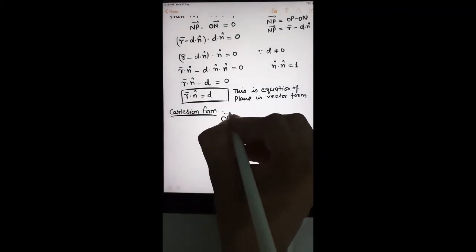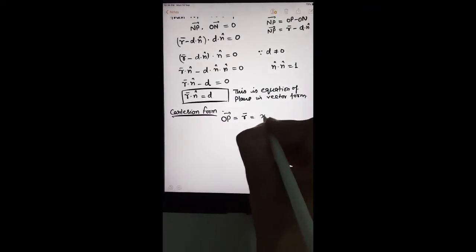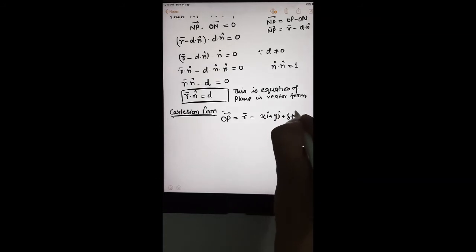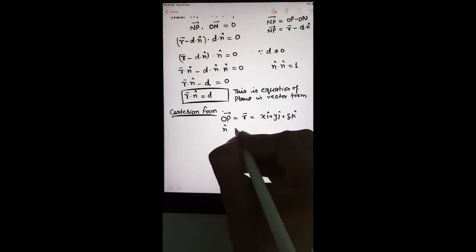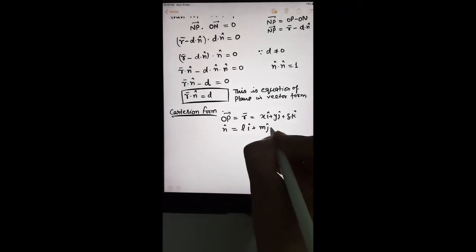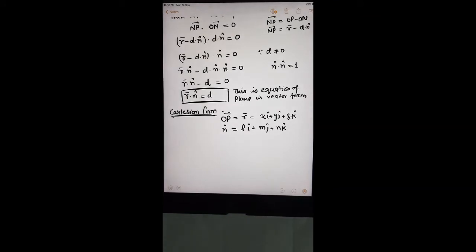Let the vector OP be equal to R, that is xi plus yj plus zk, and the unit vector is li plus mj plus nk, because if a unit vector is given, then the direction cosines of the vector are given.